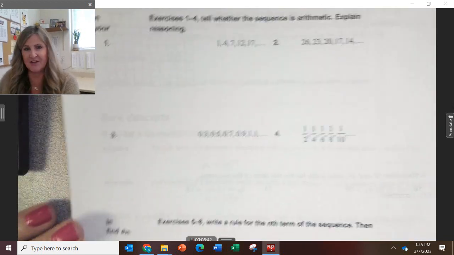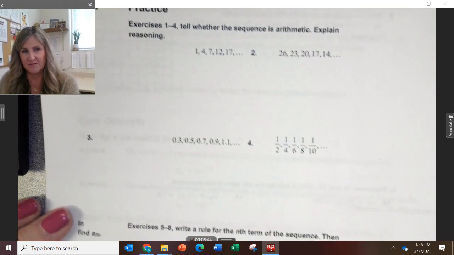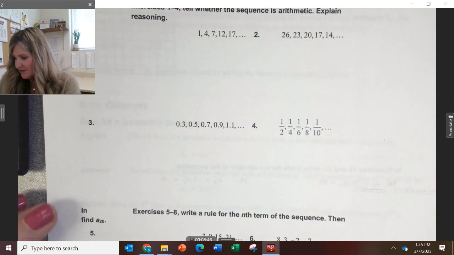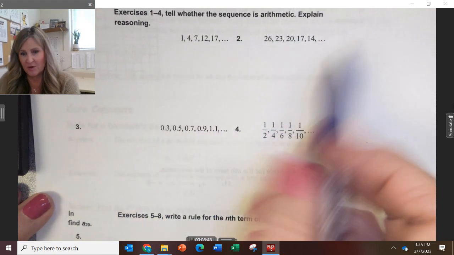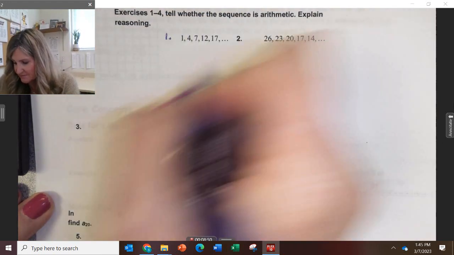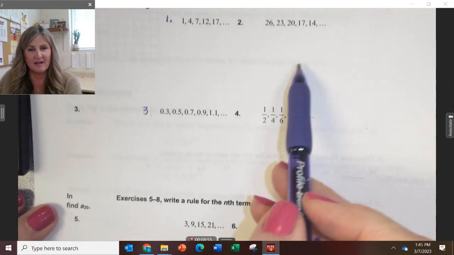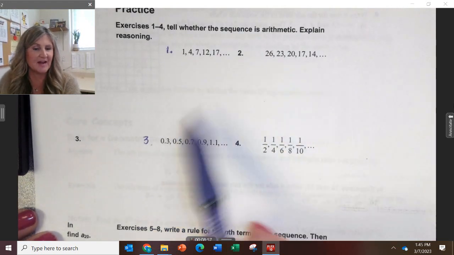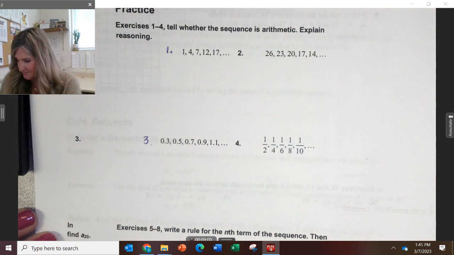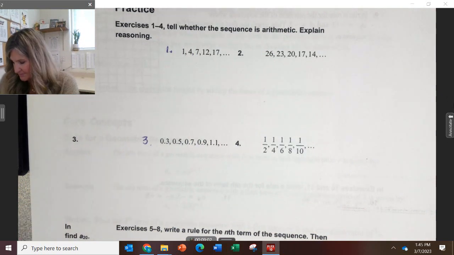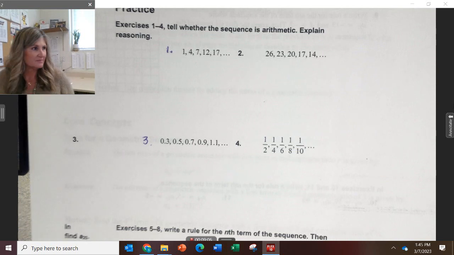All right, let's come over here. This didn't print out very well. So I want you to look at these 4 problems, and I want you to decide if these are going to be arithmetic or not for 1, 2, 3, 4. You can talk it over with your partner.